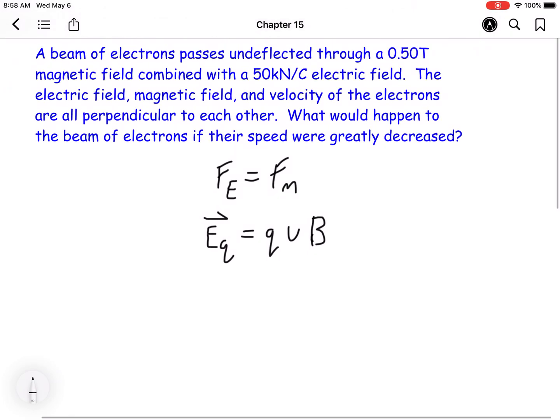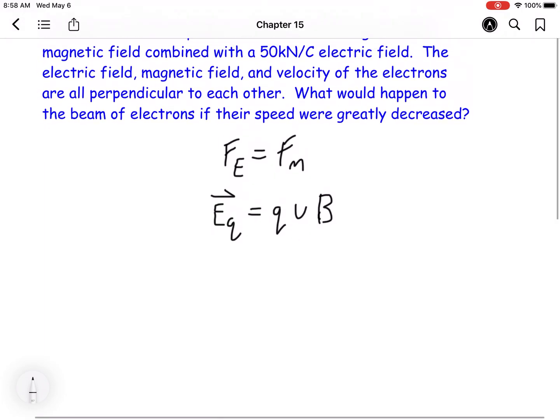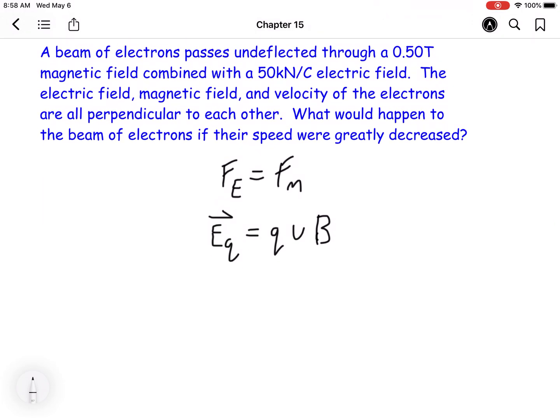I can put numbers in there, but what I want you to note is that right now these equal each other. What would happen if I greatly decreased their speed? That means V is going to go down.